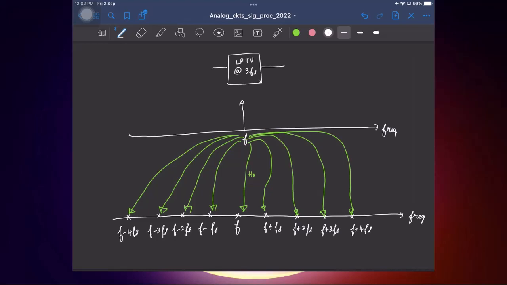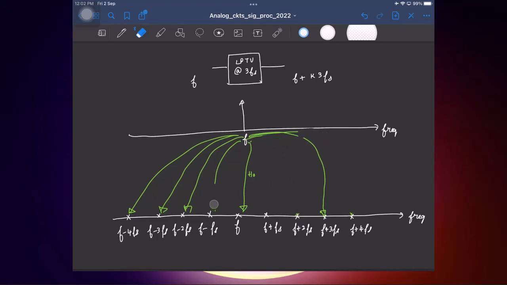Now let us say I apply a tone at a frequency F. What frequencies do I expect at the output? It will be F plus K times 3Fs. So obviously I will not have this translation happening. Similarly, there will be nothing at 2Fs and also at 4Fs. Similarly at this side also.